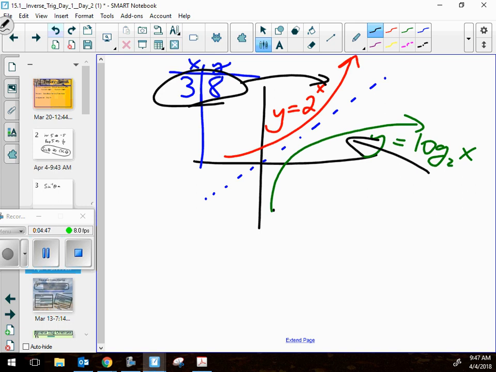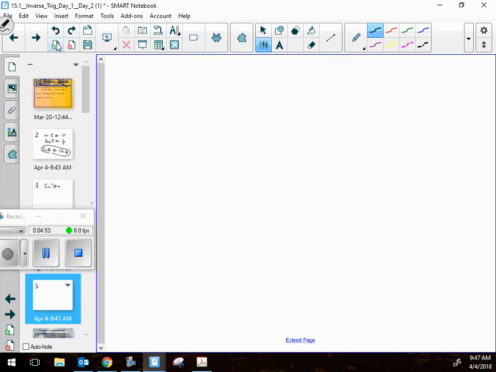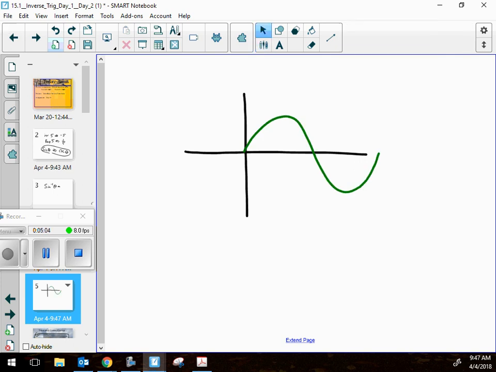So now what's inverse trig? Well, what does sine look like? Sine is a wave. Hope you remember what sine looks like. It's been a while though. So here's my sine graph. Could I reflect it across the line y equals x? Yes, but it'll get really weird when you do that.